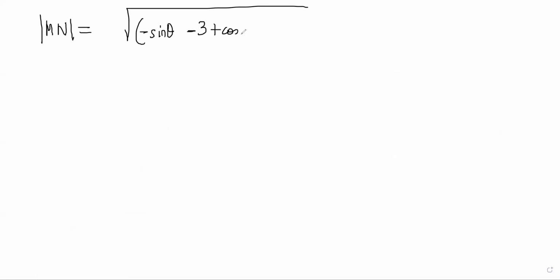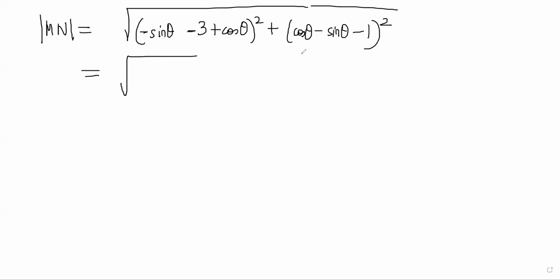So distance MN is equal to, by distance formula, it will come out to be (minus sin theta minus 3 plus cos theta) whole square plus (cos theta minus sin theta minus 1) whole square. And that can be simplified like this.